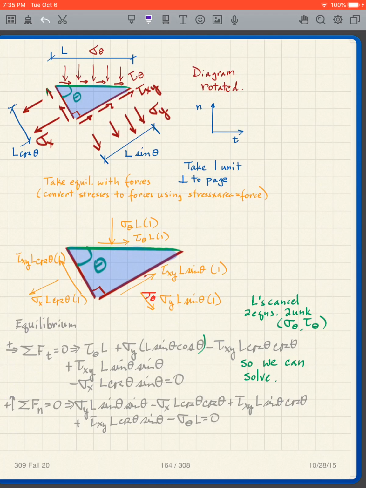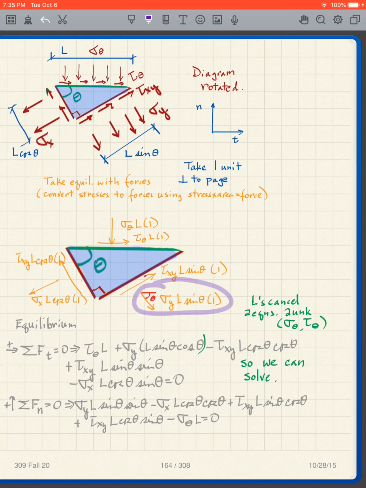So in the t direction, just start one at a time. Then I'm going to have a component of this in the t direction, and this one I've drawn the angle, so that's the easiest one.